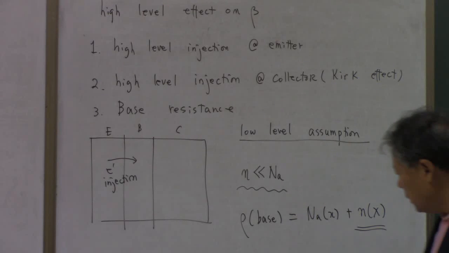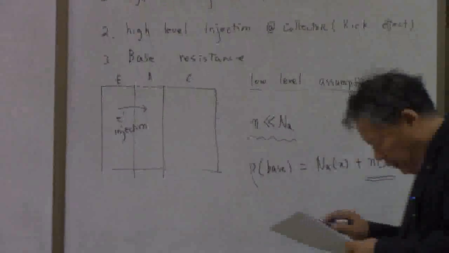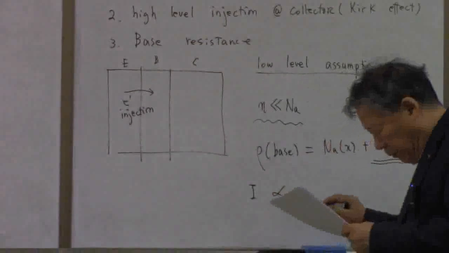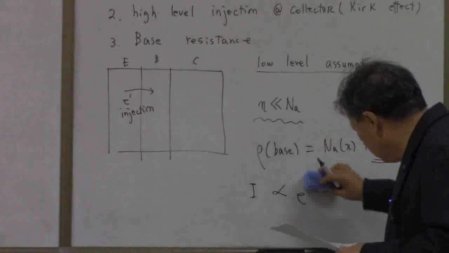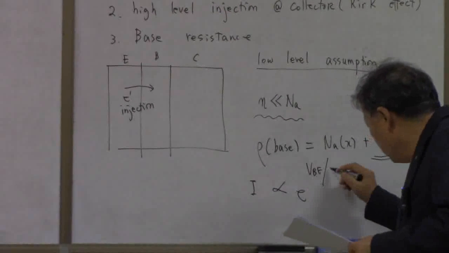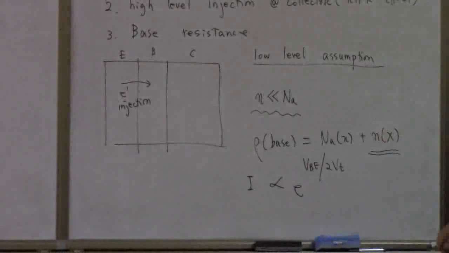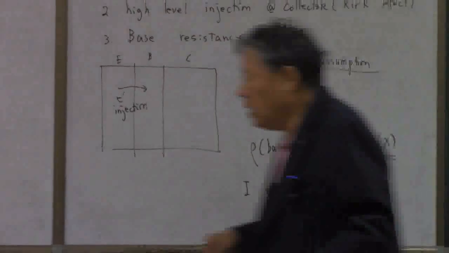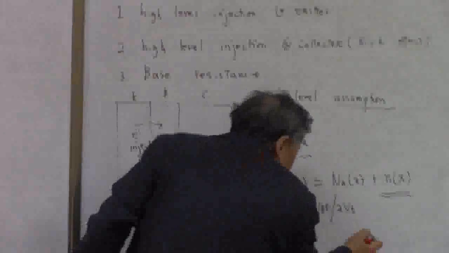So in this case, the injection current should be proportional to e to the qVE over 2VT, thermal voltage. Okay, that's what we have seen for the space charge recombination effect, right?